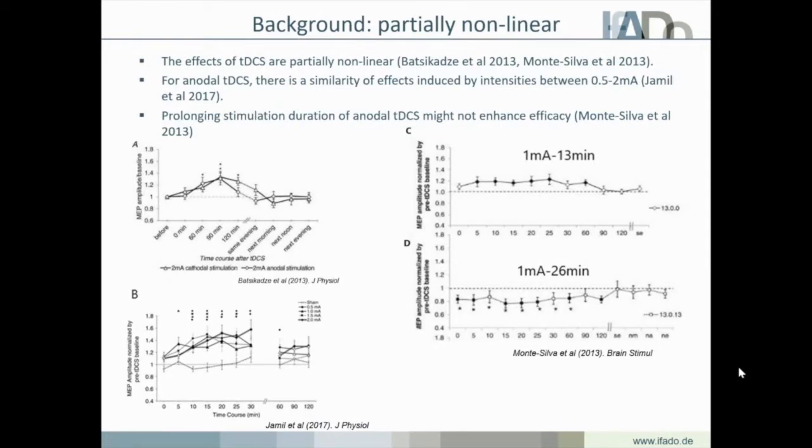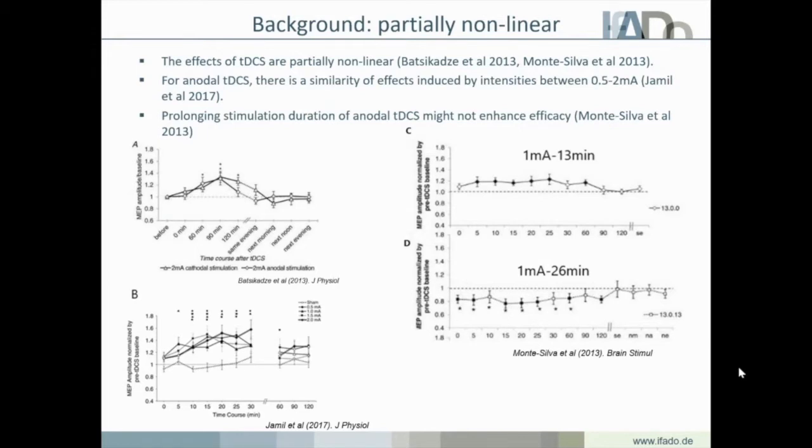And with anodal tDCS, recently, Asif Jamil showed that within a parameter space of 0.5 to 2 milliamperes, the effects at the group level of these 4 different intensities are similar. And on the right-hand side, pictures C and D, Monte-Silva showed that with 1 milliampere of anodal tDCS stimulation for 13 minutes, we see an enhancement of after effects.